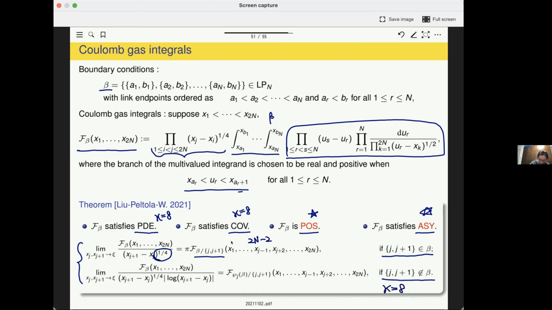When kappa equals 8, with the same normalization, the function will explode. In fact, we can prove that the correct normalization is a polynomial times a log factor. After we normalize it correctly, this function will have a finite limit, and the finite limit is still in this system of Coulomb gas integrals. Here we write this notation. This is called the tying operation.